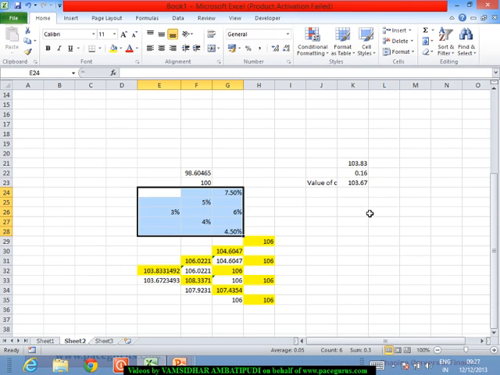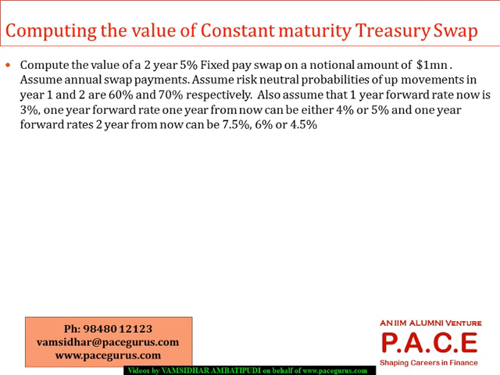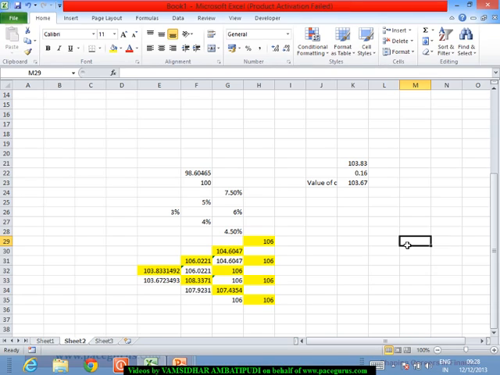So a 5% fixed pay swap is what I would like to evaluate, where the payments are made on an annual basis. The first thing we would like to do is understand what payments can come from this swap at each of the periods.